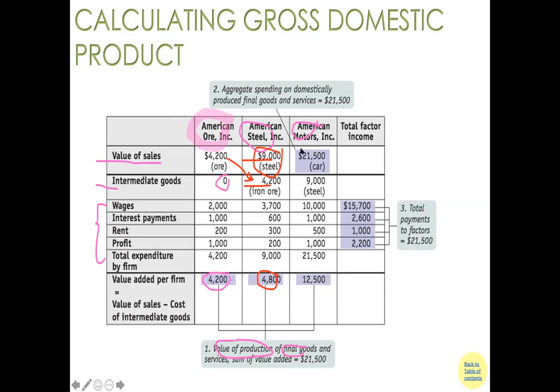Okay, so we could do the same thing for American Motor. So now this $9,000 of steel goes to the production of cars. And similarly, we end up with 12,500. So this is value added. Now we add them together. So we just add these together. We are going to get the first number, right?